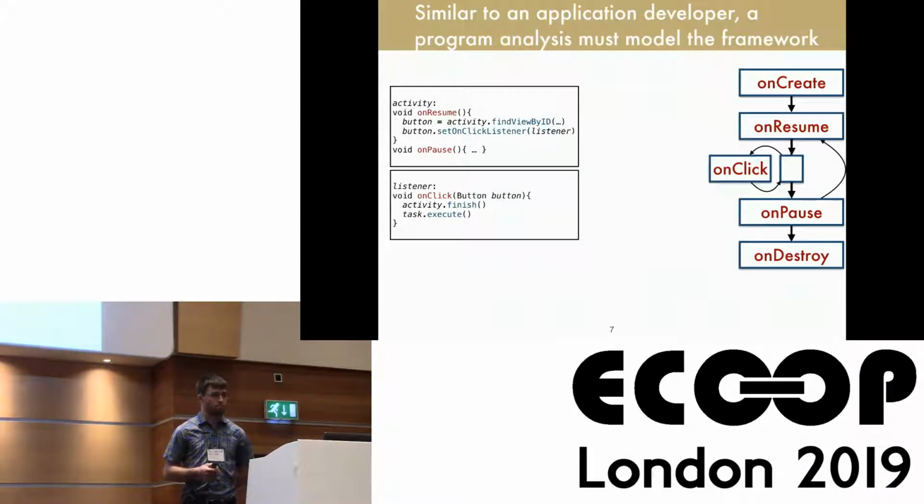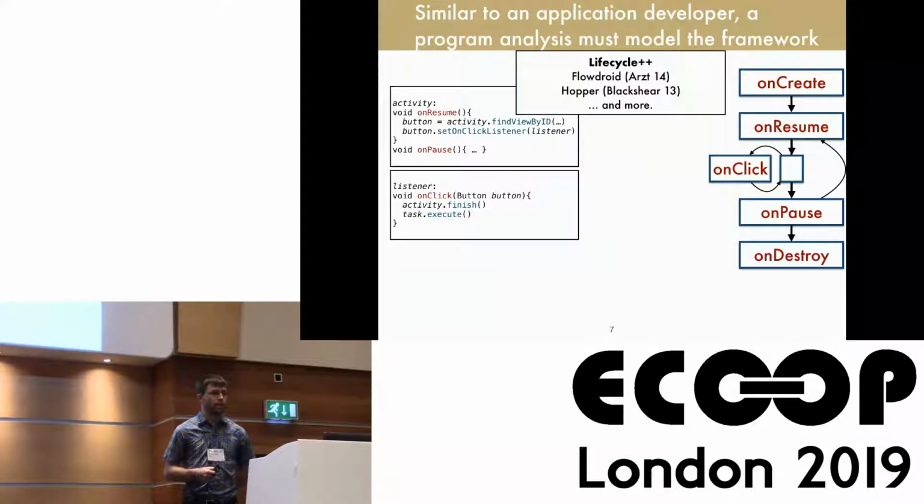So similar to an application developer, a program analysis must model the framework. And in several papers, FlowDroid, Hopper, and more, we see that these models exist. Specifically, this lifecycle plus with the onClick listener attached to this active state is something that we see pretty regularly.